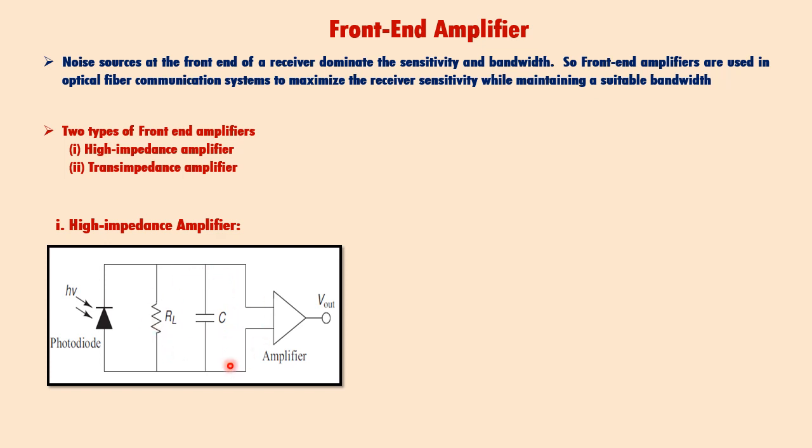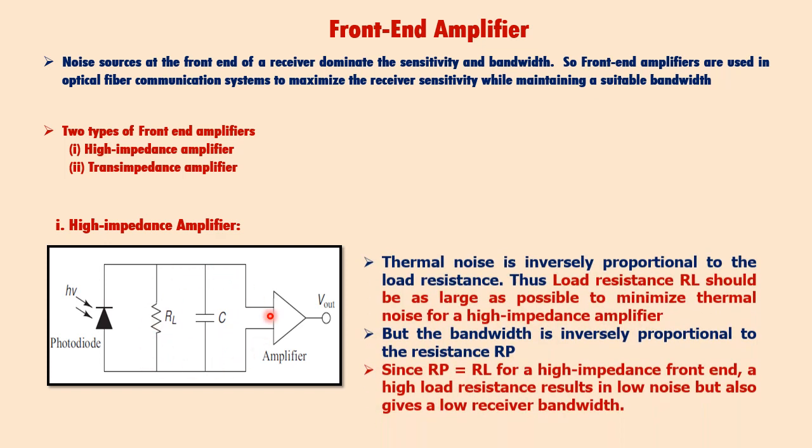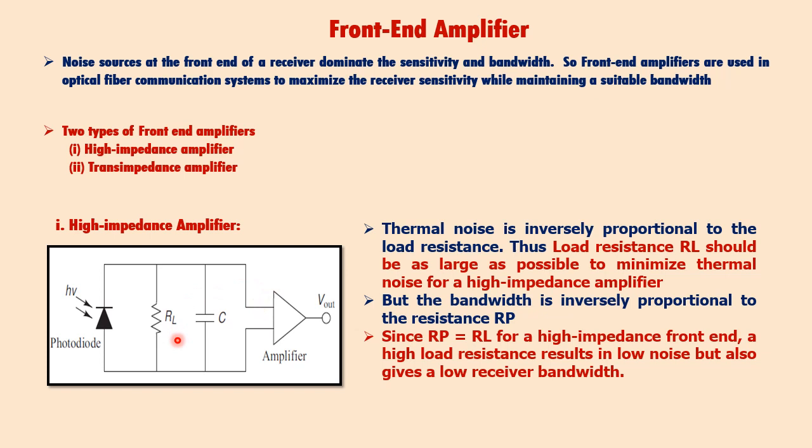This is the circuit diagram for the high impedance amplifier. Using this amplifier, the thermal noise is inversely proportional to the load resistance, as we already discussed. Therefore, this load resistance RL should be as large as possible, only then can we minimize the thermal noise.